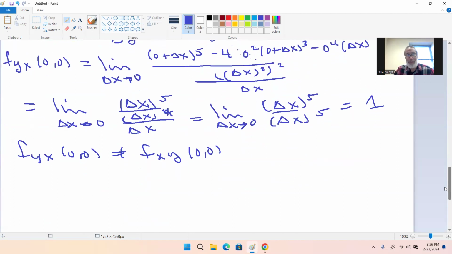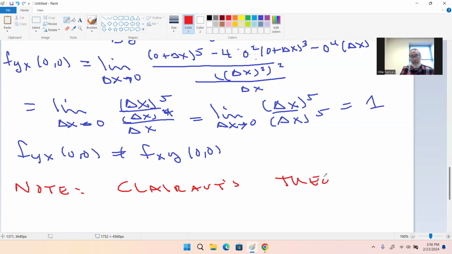So I'll just clear this up and indicate: does not apply. Second partials are not continuous.